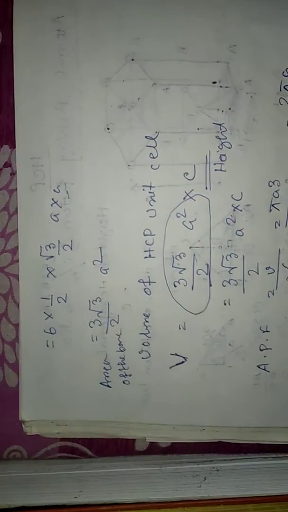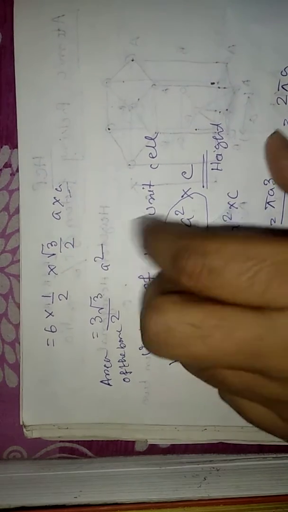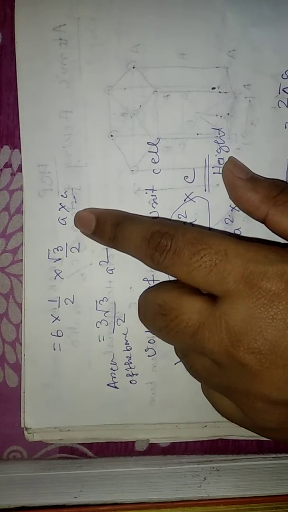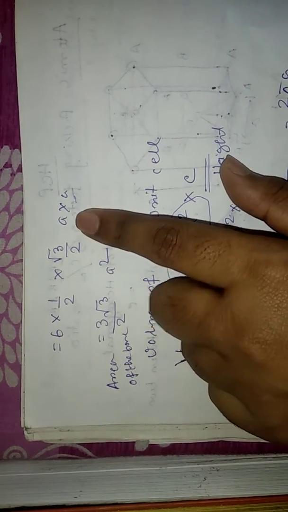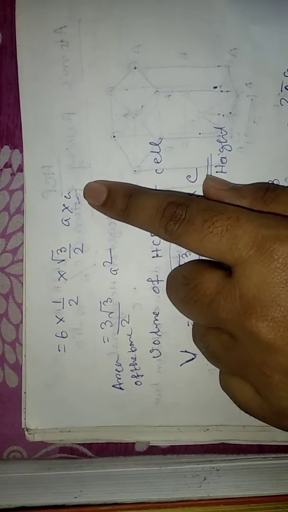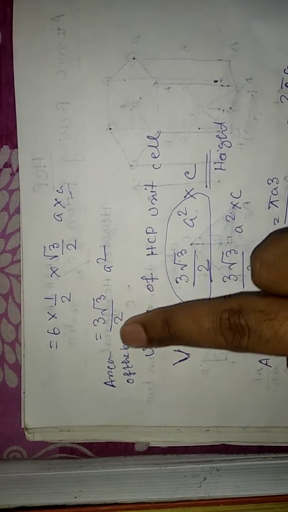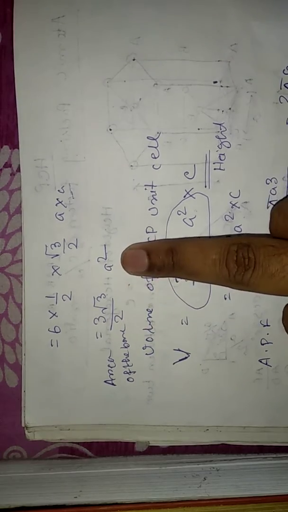The value of CE will be root 3 by 2 into A, and the base of the unit cell is A. So the total volume of the HCP unit cell will be 6 into half into root 3 by 2 into A square, which is 3 root 3 by 2 into A square.